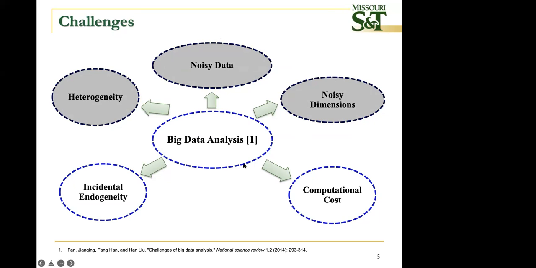There are other challenges, which we call incidental endogeneity, and of course, when you have a tremendous amount of data, there's also a computational aspect involved. So today we're going to focus on these 3: heterogeneity, noisy data, and noisy dimensions.